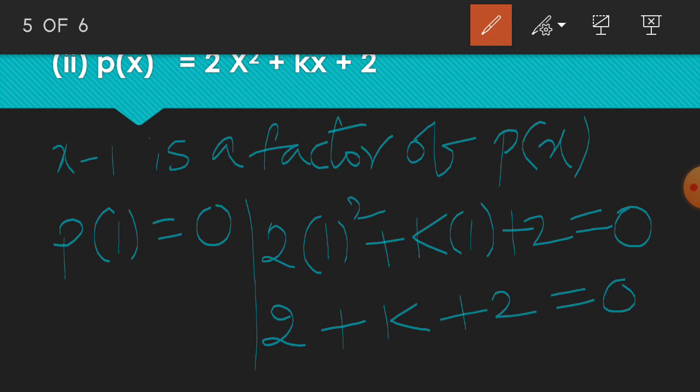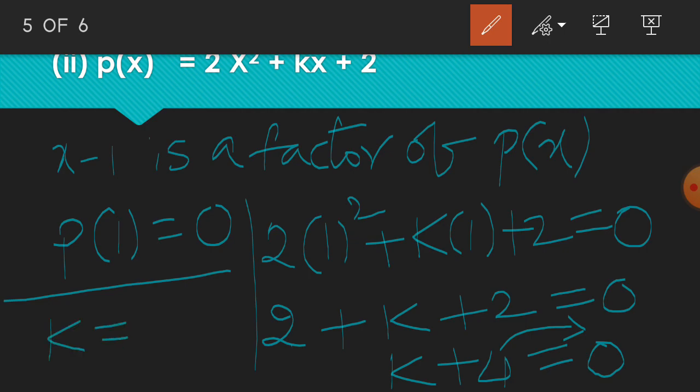Now 2 plus 2 is 4, k plus 4 equal to 0. Taking this 4 to the other side, it becomes minus. Then k value is what? K equal to minus 4. This is the value of k by using factor theorem.